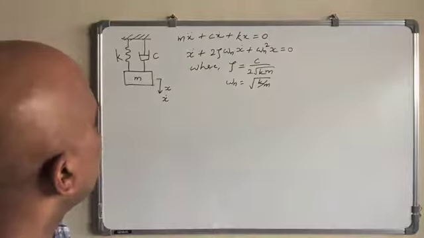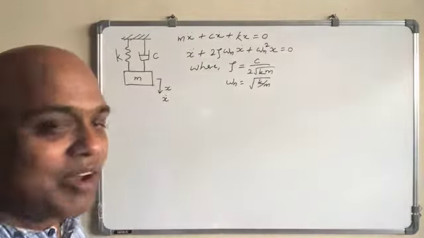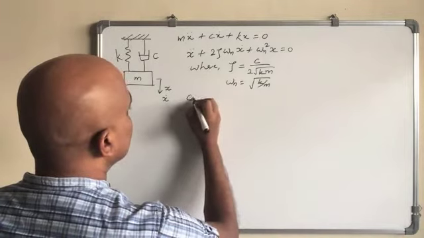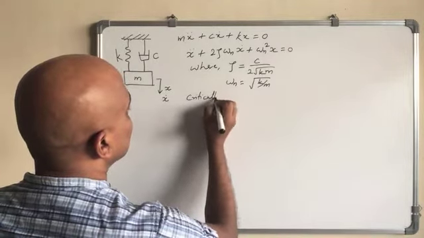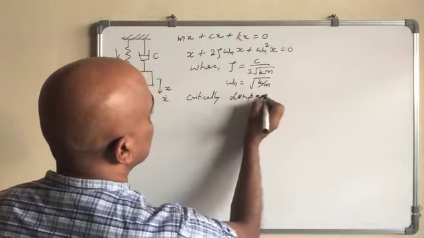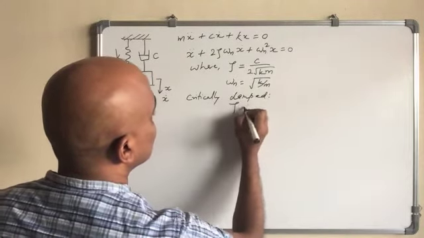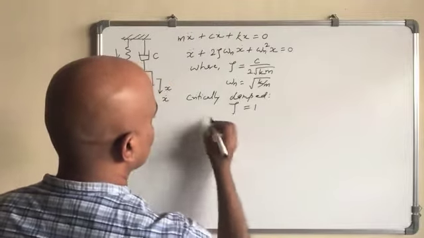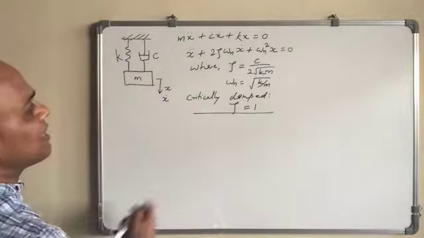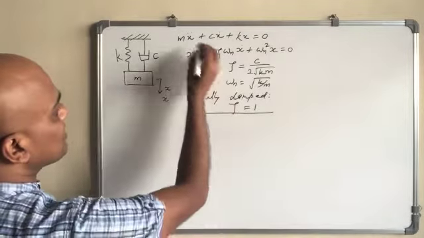Now we had 3 conditions. In one condition we called it critically damped, right? So we will start from that. The critically damped, when zeta equal to 1. So for critically damped conditions, what we get?